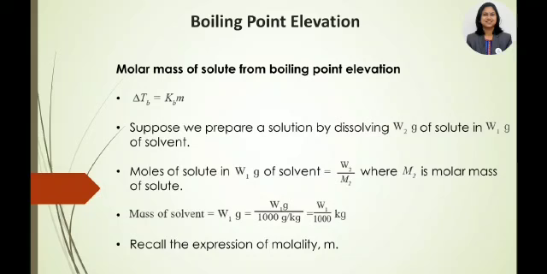Mass of solvent is equal to W1 grams. Now we have to do the conversion. W1 is in grams, so we will convert it into kilograms. Mass of solvent, that is W1 gram, is equal to W1 divided by 1000, so we get the conversion in kg.